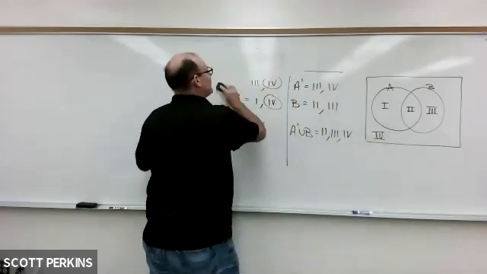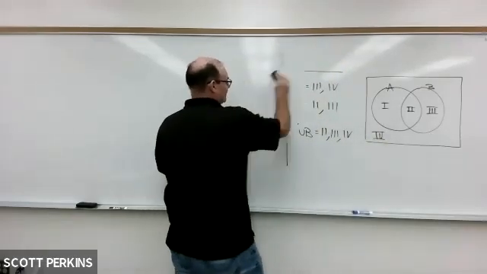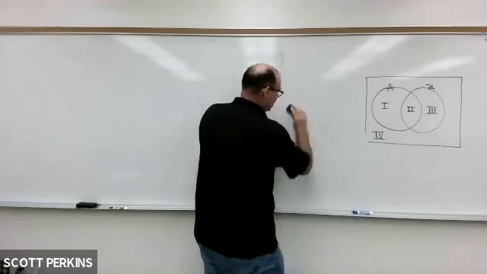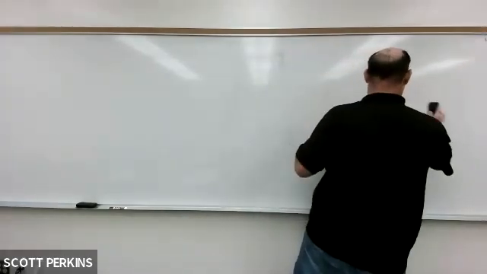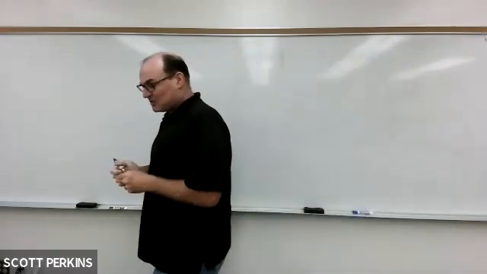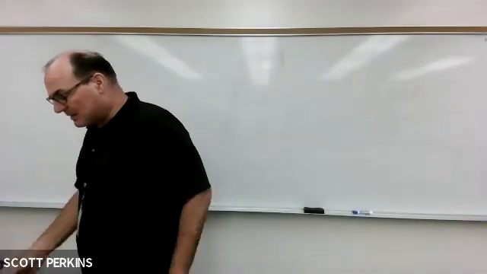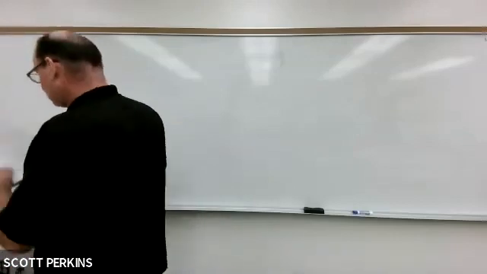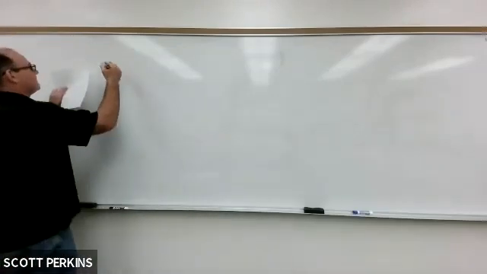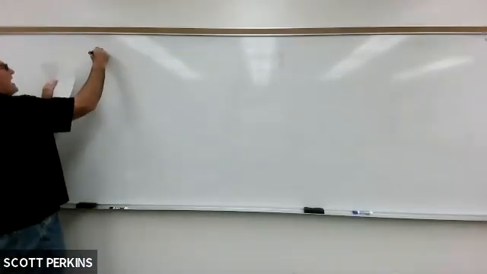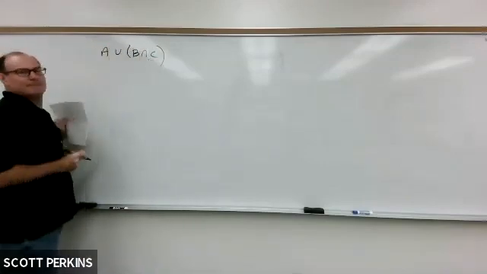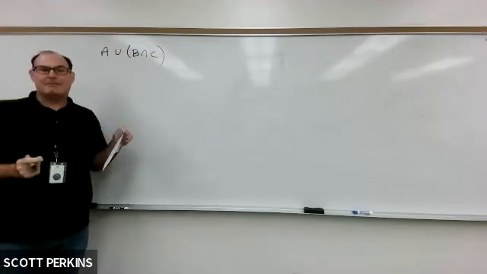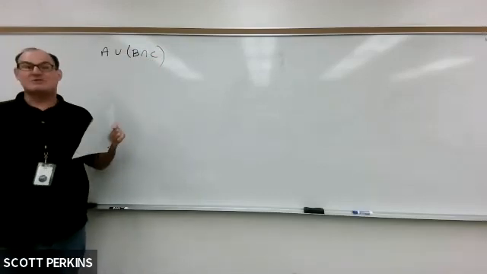Okay, one more example from each of us from this section, and then we'll get to the aforementioned section 2.5, the last section that we have. So this last example, we're going to be doing the same thing. So I want to know this. If I have A union B intersect C, we're going to do the same thing, but this time instead of 2 sets, I've got 3.